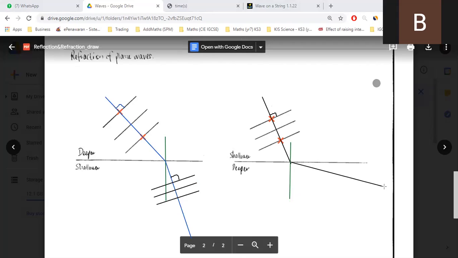So away from the normal, right? Away from the normal because the speed increases. And then I complete the diagram with the wavelength. One. And now it has to be longer. Two. And the third one. Yep, so this is how we sketch the wave diagram of refraction.